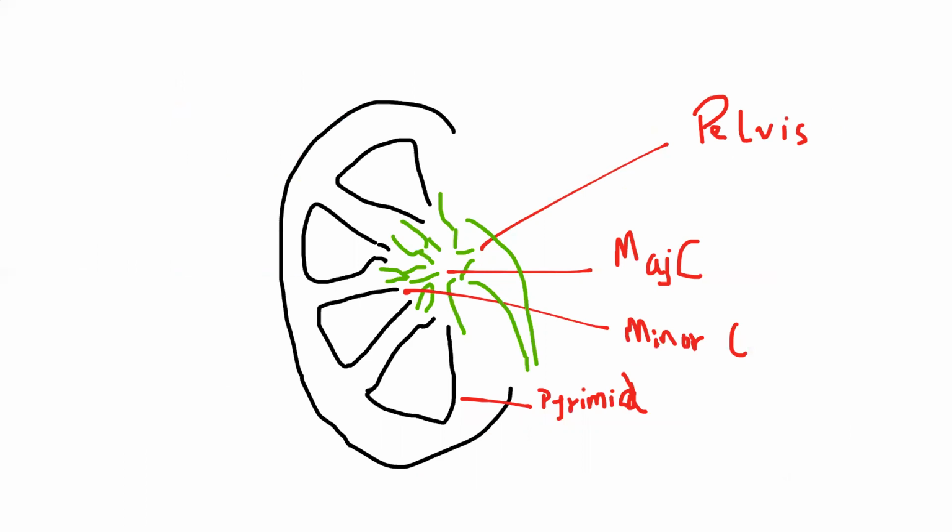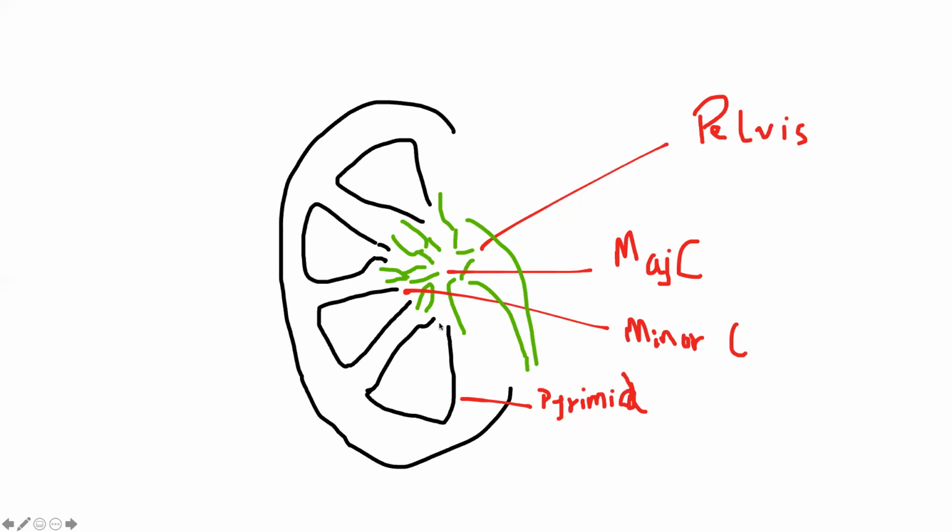So now let's go into a little bit more detail. This is the cortical portion of the kidney. This is the medullary portion of the kidney. And in 2 dimensions, they are triangular. And in 3 dimensions, they are more like pyramidal structures. That's what we call renal pyramids.